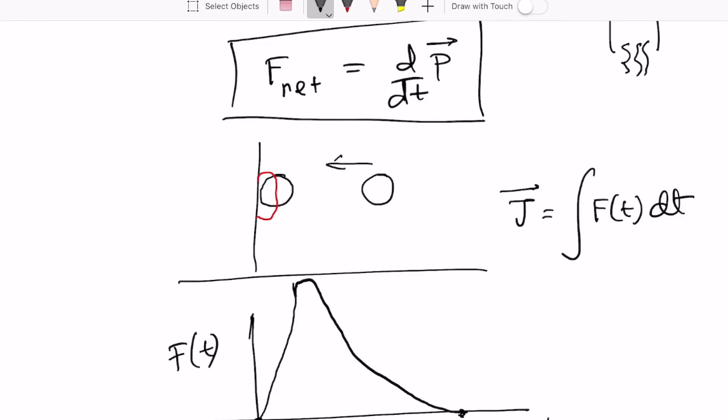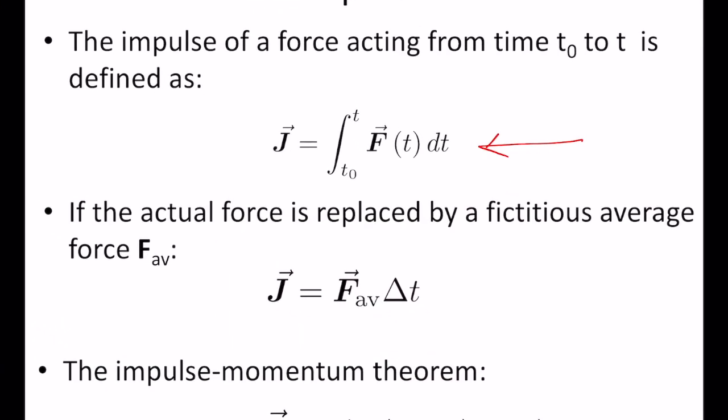So if the force acts from t equals 0 to t equals delta t, I should probably erase the delta t from over here, then this will just be 0 to delta t. I think in the PowerPoint I say t initial to t final, which really means the same thing.